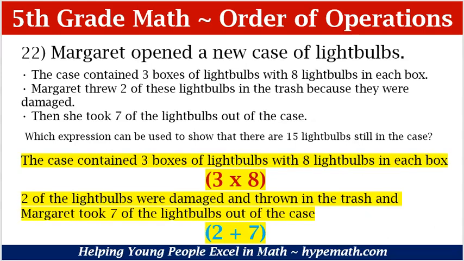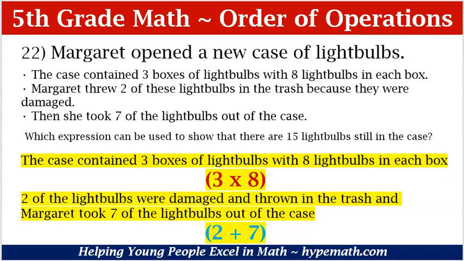Okay, in order to solve this problem, we must create our expression. So, first we know that the case contained 3 boxes of light bulbs, and in each box there are 8 light bulbs. So that means, and just visualize it in your mind, one box has 8 light bulbs, box number 2 has 8 light bulbs, and the third box has 8 light bulbs.